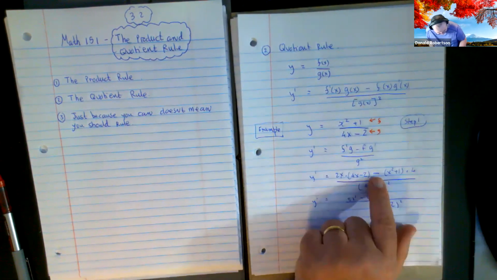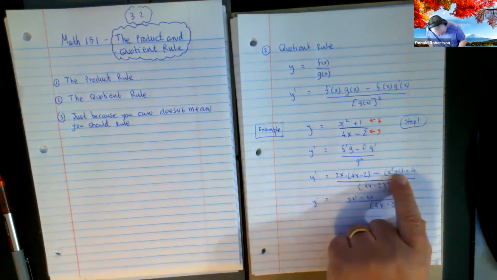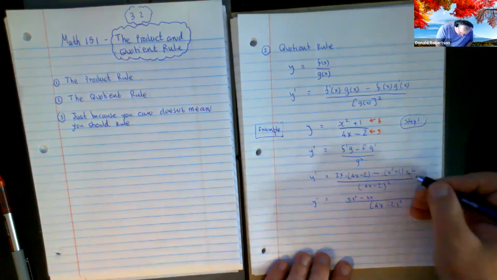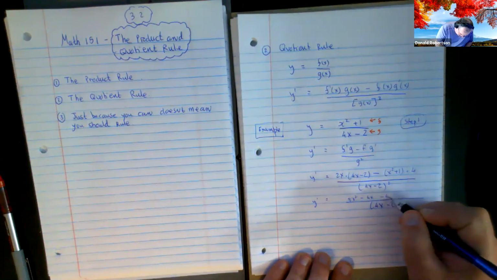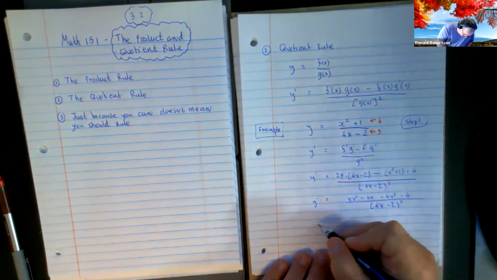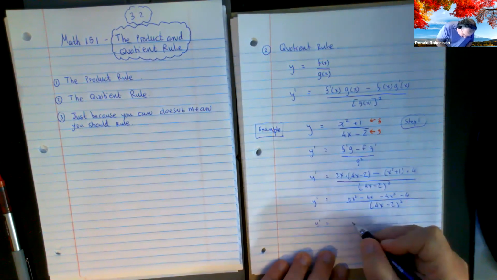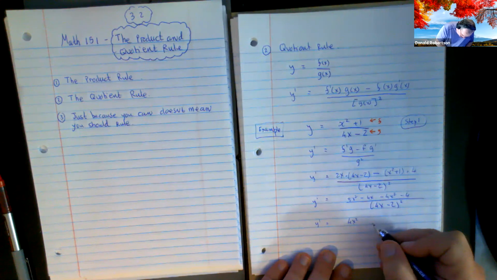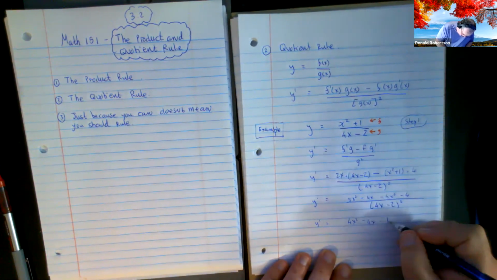Be careful about that subtraction because you're subtracting both things. So 4 times x is take away 4x squared, and 4 times that is take away 4. And now I can collect some like terms, and I have a 4x squared, a negative 4x, and a negative 1, negative 4 I should say.